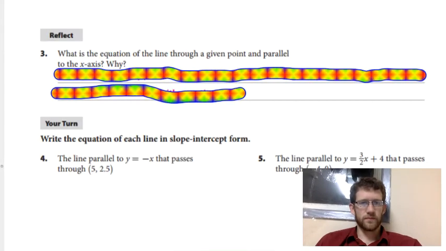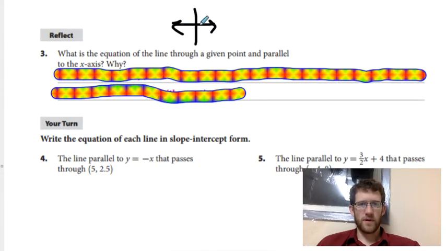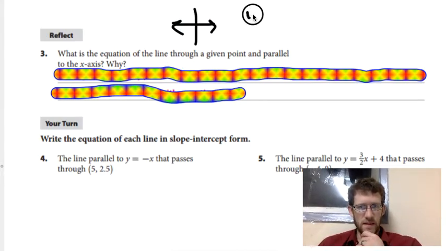Cool. Here's one. It says, what is the equation of the line through a given point and parallel to the x-axis? So remember, of the two axes, the x-axis is this horizontal one. All horizontal lines have a slope of 0.